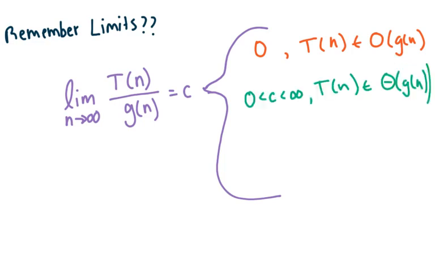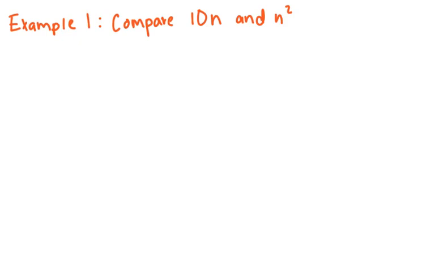If c is anything between 0 and infinity, then it's in big theta of g of n. And if it's infinity, then it's in big omega of g of n. This holds for all the functions you can think of. Okay, so let's do some examples.